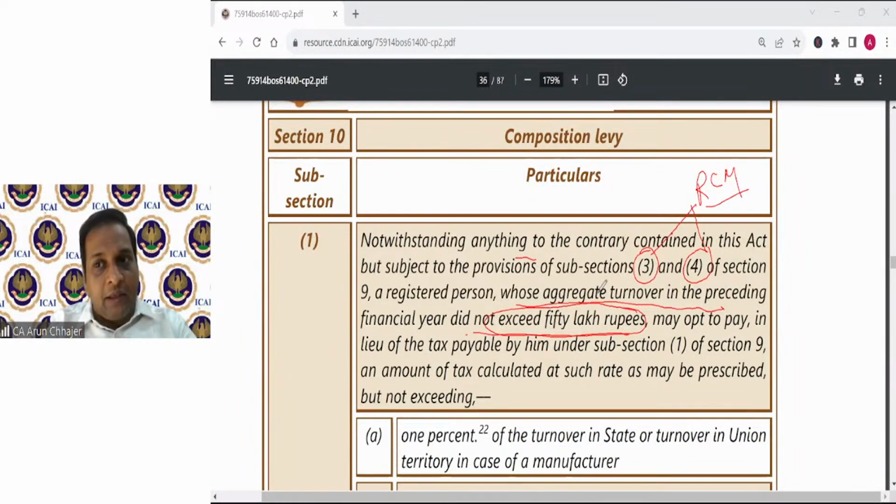Can anybody tell me what is the current threshold limit of composition levy? And also tell me whether it is an upper limit or a lower limit.